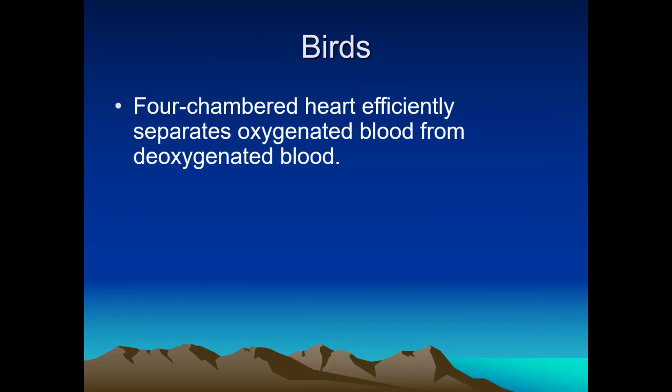We don't have blood containing carbon dioxide being pumped back around again because it didn't get separated out the first time. We don't see that here. So that's the first place we don't see that.